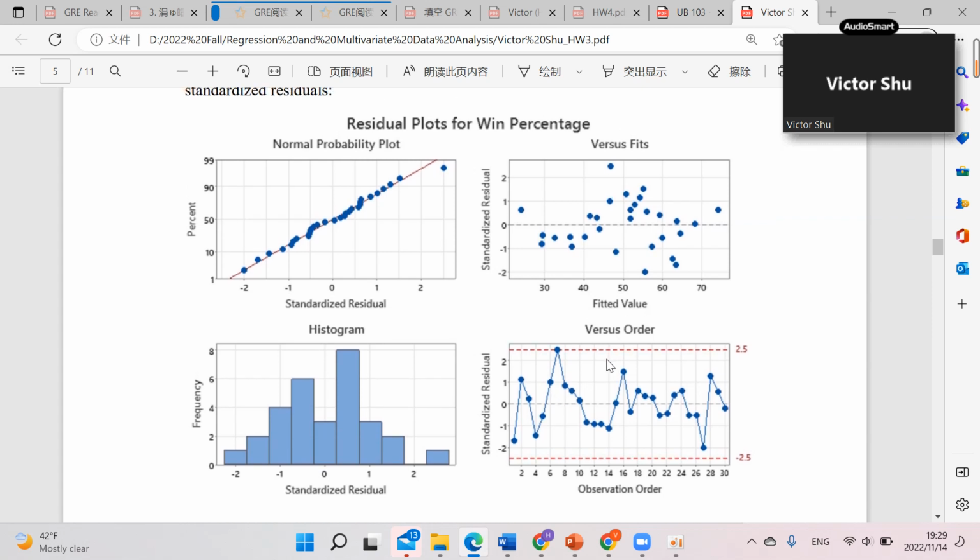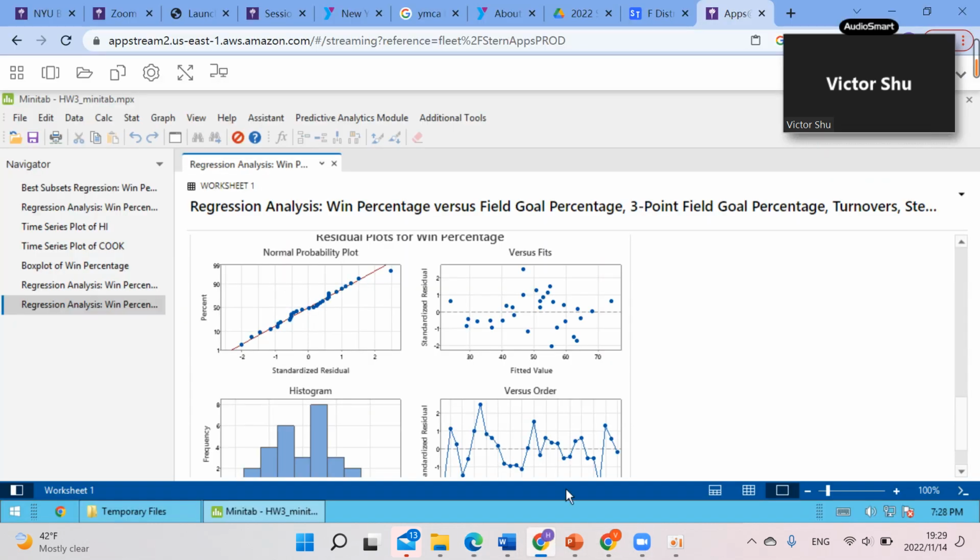This is exactly the same data. If I use 2.5, my conclusion might be there are no outliers at all, or maybe only the seventh observation is an outlier. This point has a residual of 2.48, very close to 2.5. So this point is still worth studying, because even with 2.5 standard deviations as the cutoff, it's very close to that cutoff.